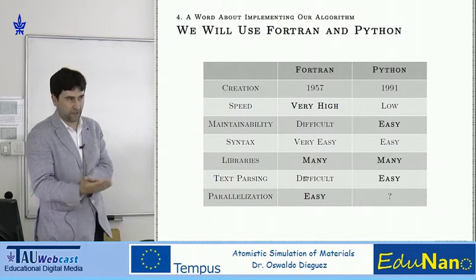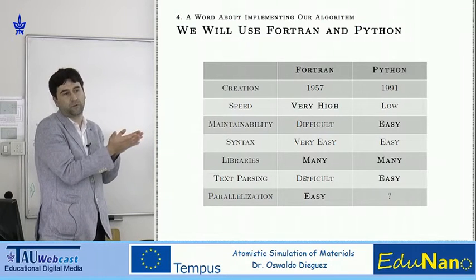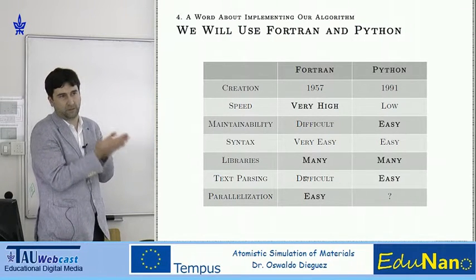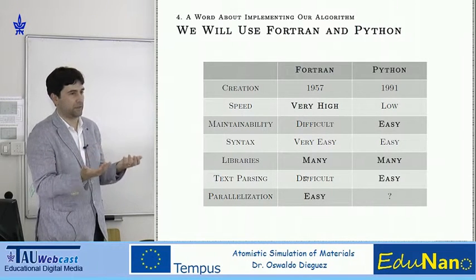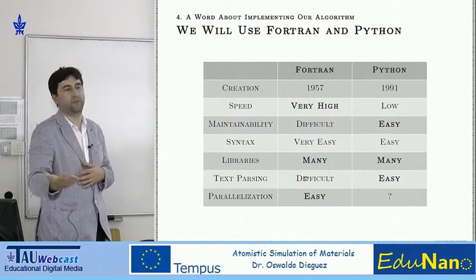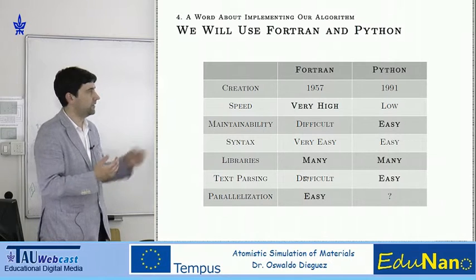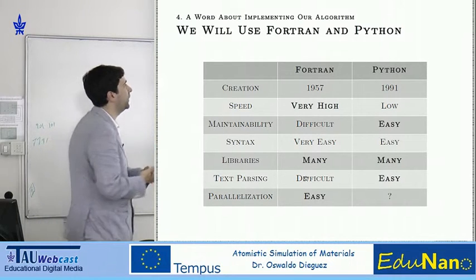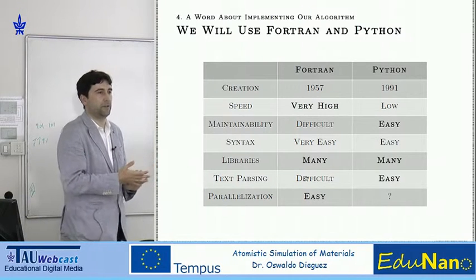So you write another program in Python that goes to the file and looks for the line of the energy and prints it to you. Or if you like to print other things, like I do, you print tests that everything went well, that I don't have magnetic moments if I'm not supposed to have them, etc. Here is the same. So Fortran, as you can see, is a very old language.